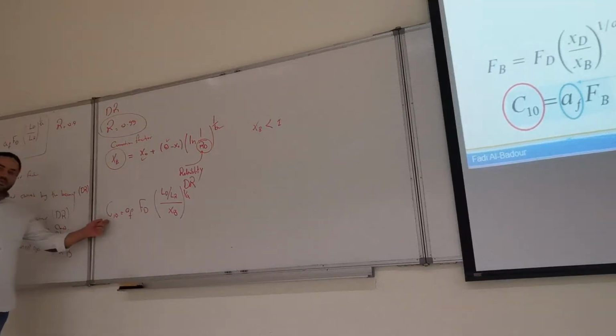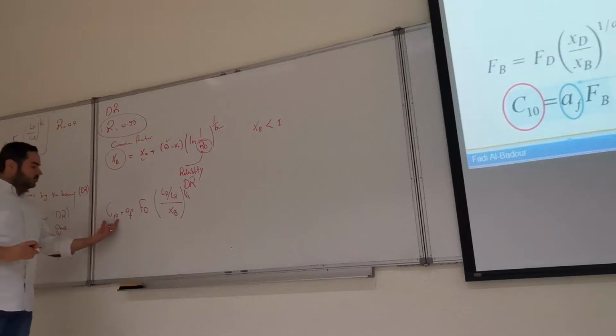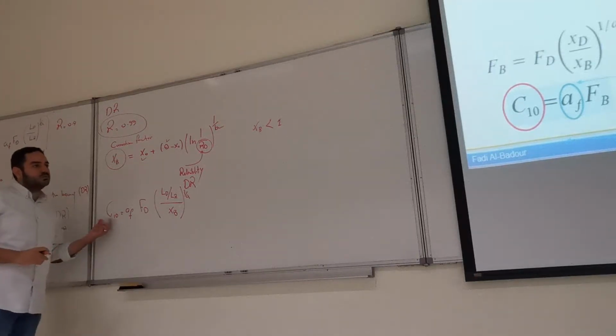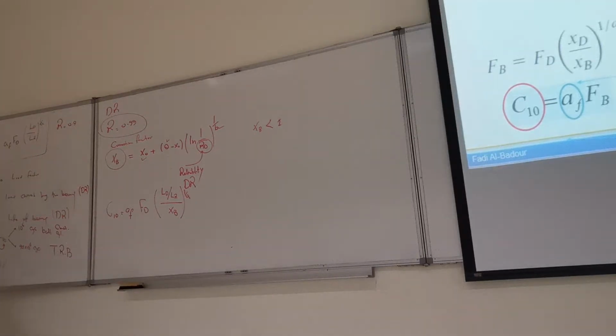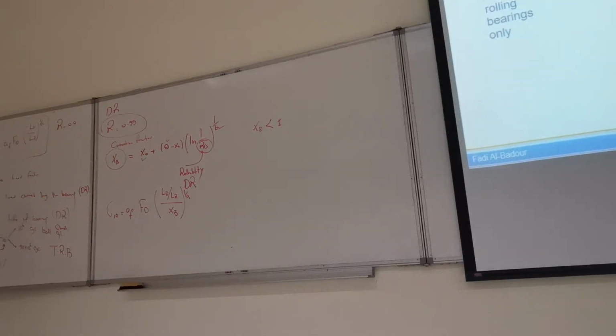So what happens to C10? If you want to increase the reliability in your bearing selection, you'll notice that the capacity of the bearing must be higher. Any questions so far? Let's see where we can get those Weibull distribution parameters.